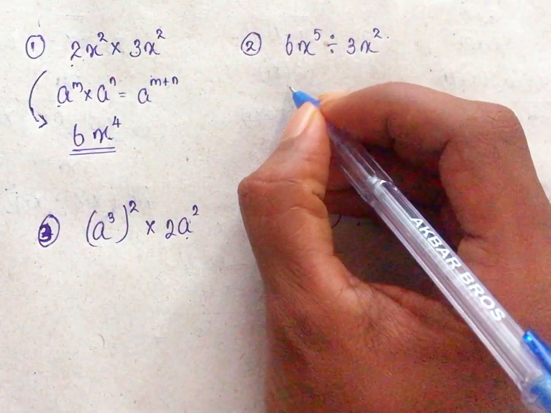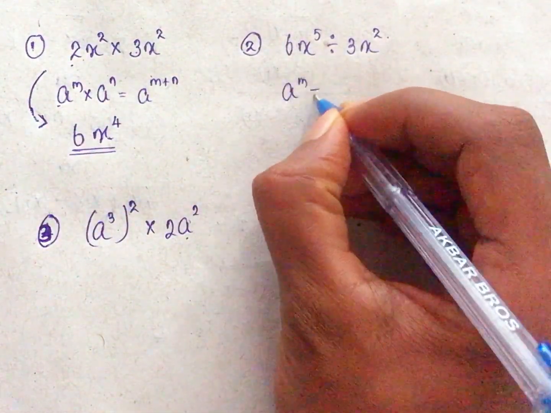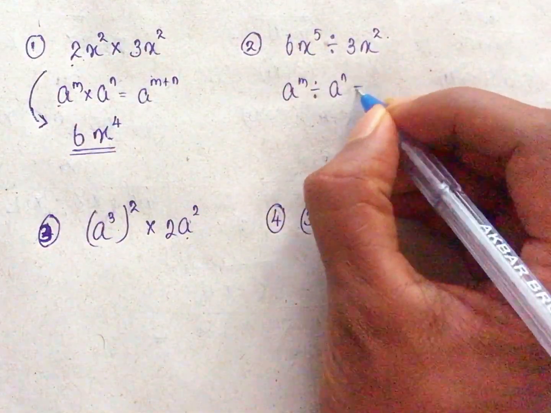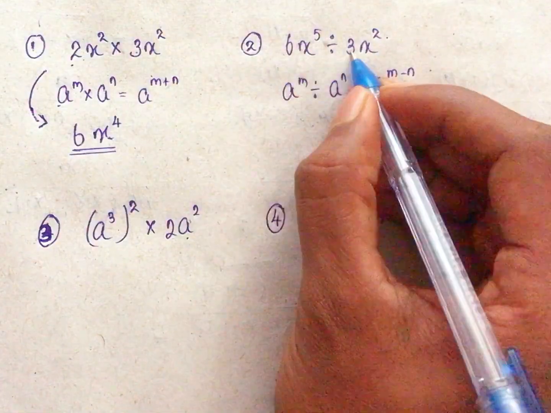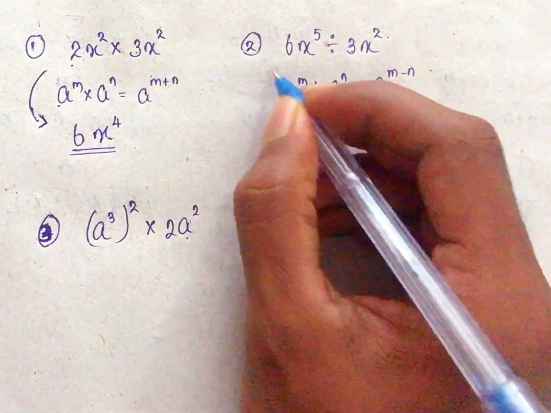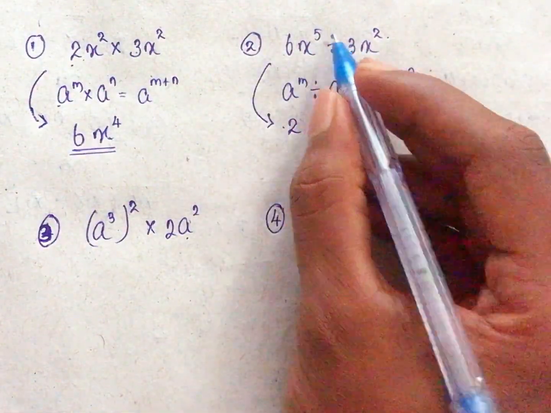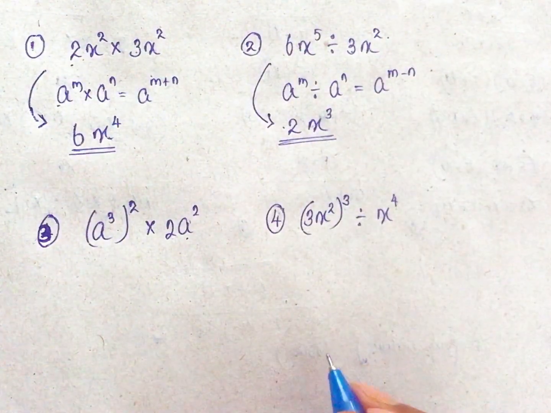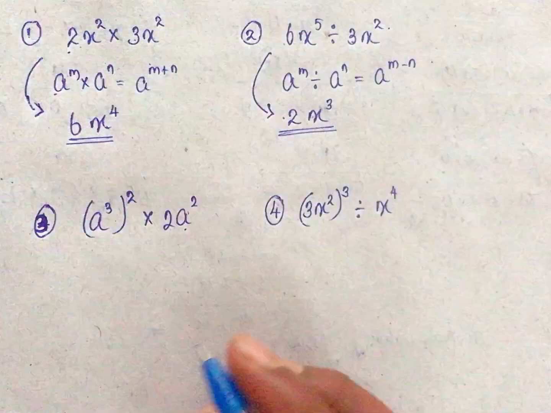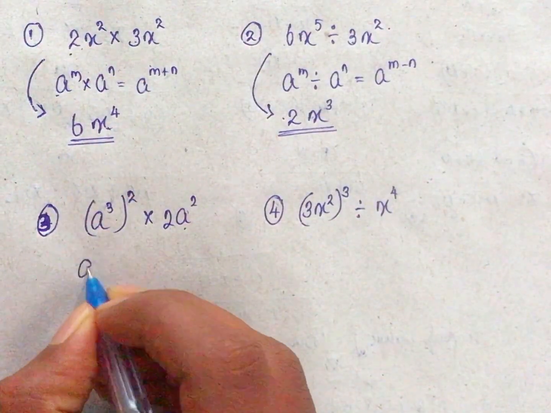Second case is 6x to the power 5 divided by 3x to the power 2. This is the type of dividing indices with the same base, and 6 divided by 3 is 2, x to the power 3 comes from 5 minus 2.